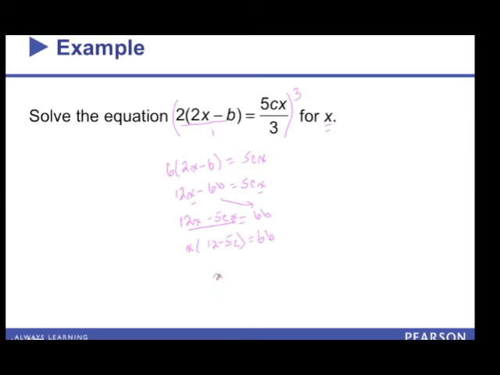And now I'll end up with x equals 6b divided by 12 minus 5c. Still has lots of letters in it, but they'd have to tell us what b and c were to find a numerical value for it.